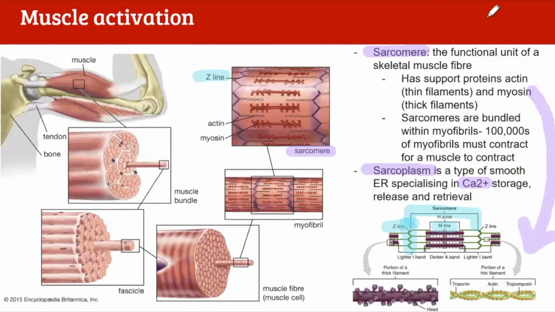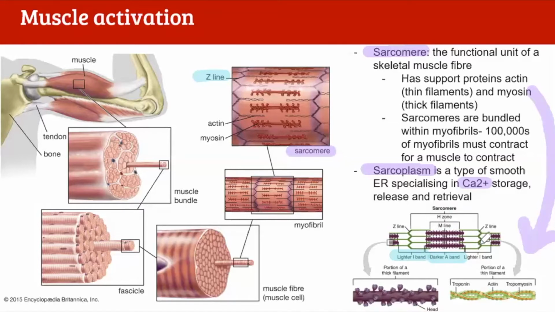Okay, from there, let me just clear this little space. We also need to talk about the light I band. This light I band only contains actin. And then you've got the dark A band, which only contains myosin as well. And the H zone is the area between, where it's just myosin as well, between the two segments where there is actin. So this is a sarcomere, this is one unit.